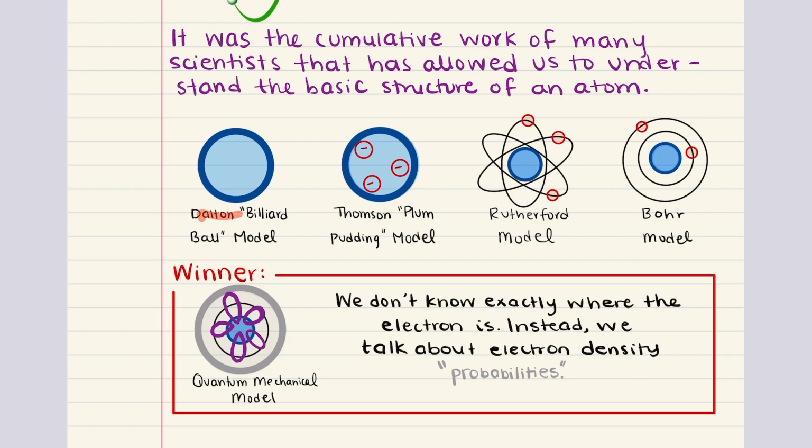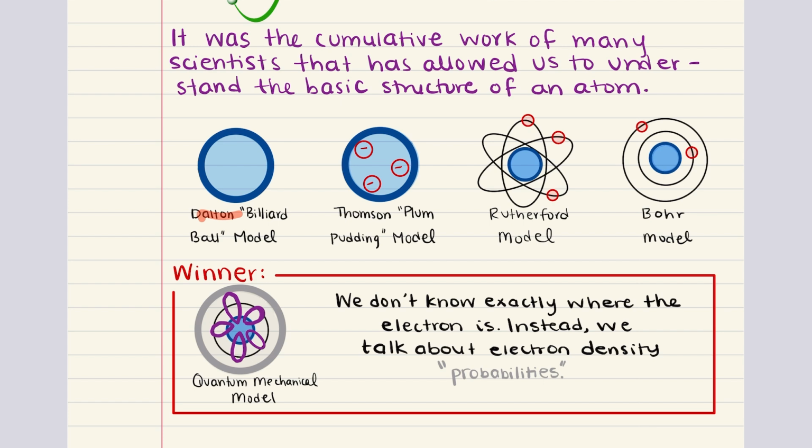He introduced the concept of the atom as an indivisible particle, like a solid sphere. And his model is often called the billiard ball model. And it suggests that atoms of different elements vary only by their mass. Now, while this was groundbreaking at the time, it didn't account for the internal structure of the atom.